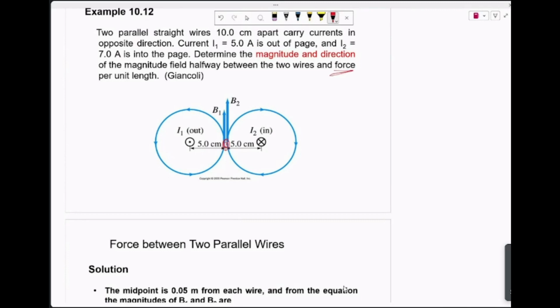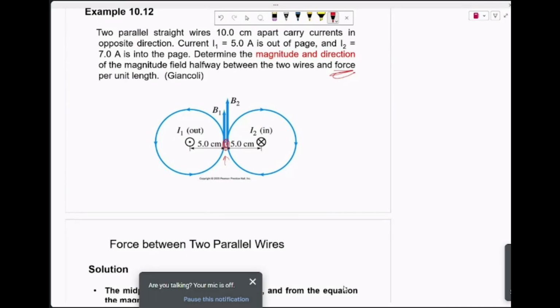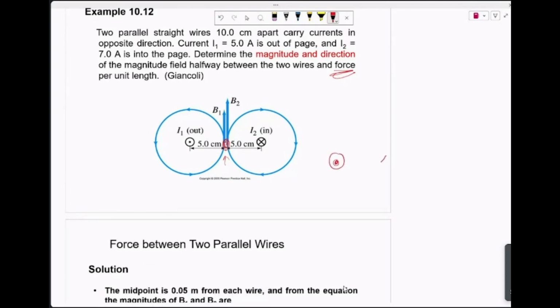But when they ask for the force here, we don't have any current here. So what does it mean? It means that one of the wires is already somewhere here. You are displacing the current somewhere here, meaning this distance becomes only 5 centimeters.